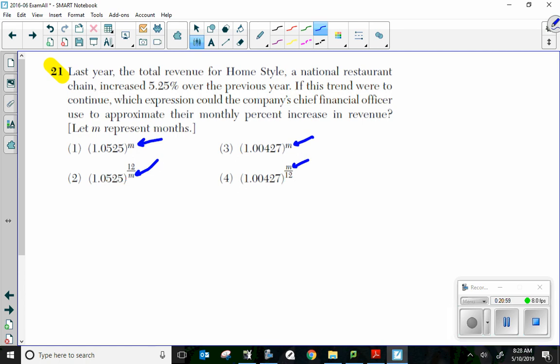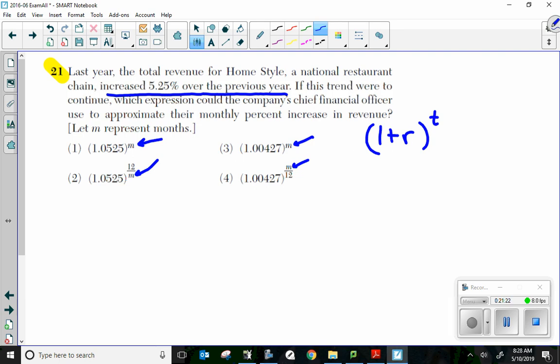So we need to set up an equation based on what we have, all right? Their revenue increased 5.25% over the previous year. So right now, okay, if it's increased, it's 1 plus your rate raised to time. I'm just going to use these variables because that's what we're used to.